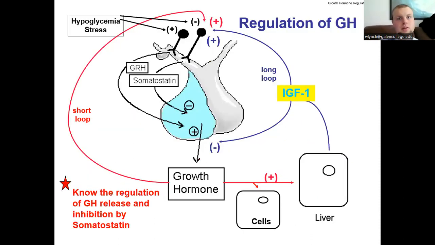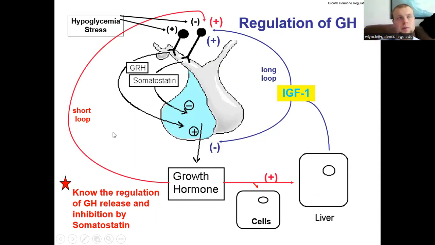So here we have the regulation of growth hormone. Growth hormone is going to be secreted by the anterior pituitary. It's going to be stimulated by growth hormone releasing hormone, or GRH. It's going to be inhibited by somatostatin. And we can see the feedback loops that are going to be registering what we have here. So we have secretion by the anterior pituitary.